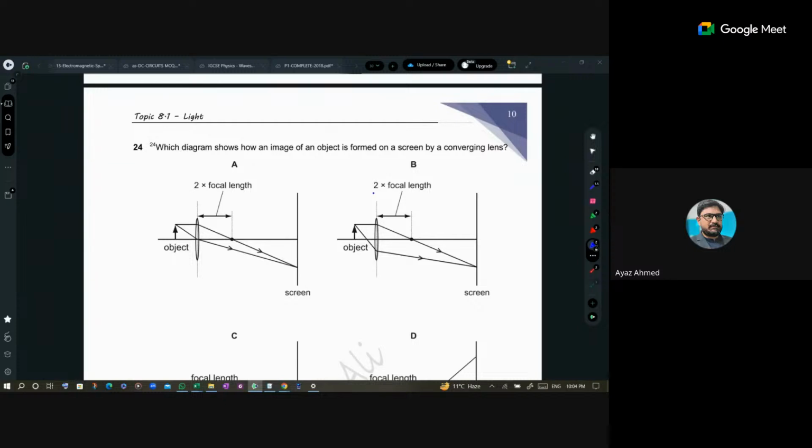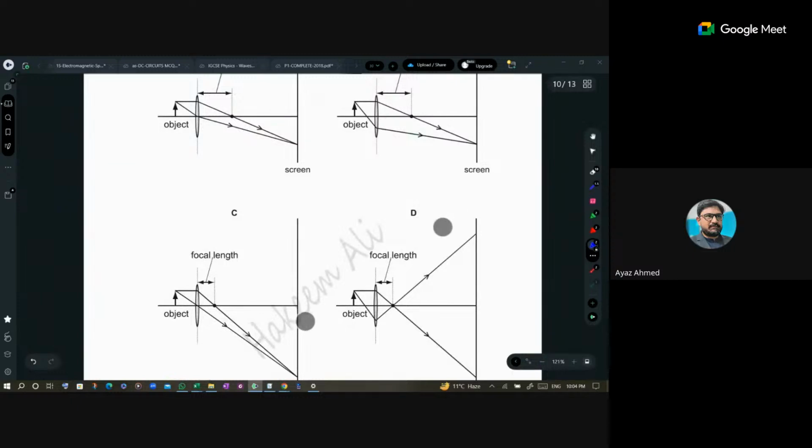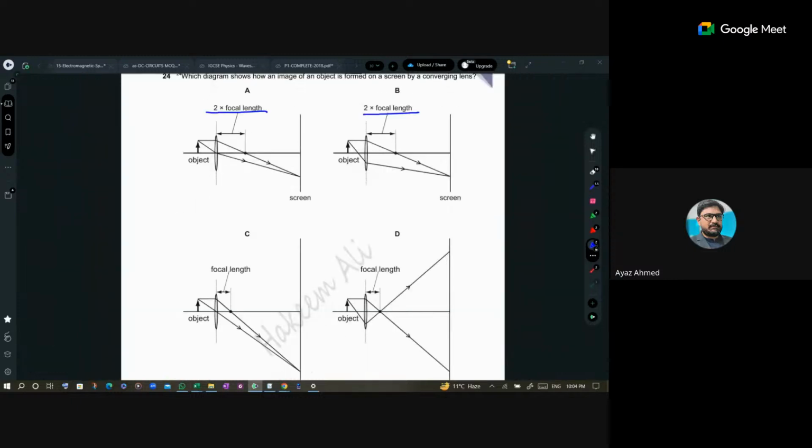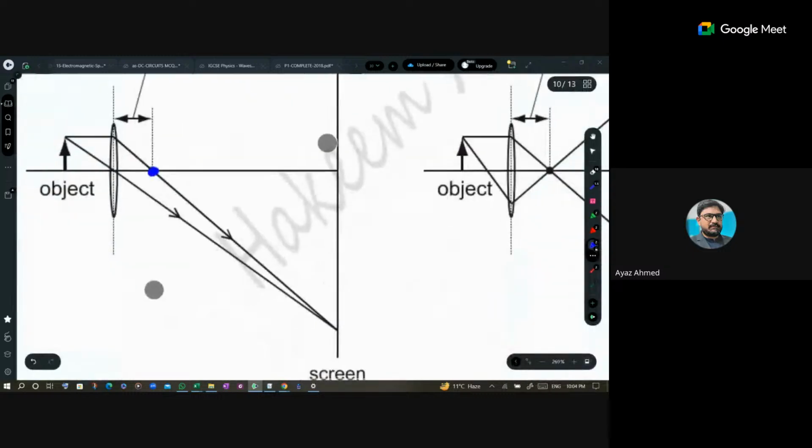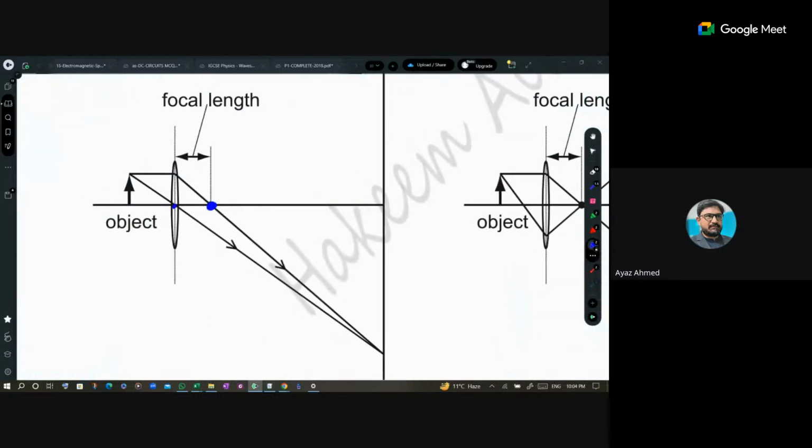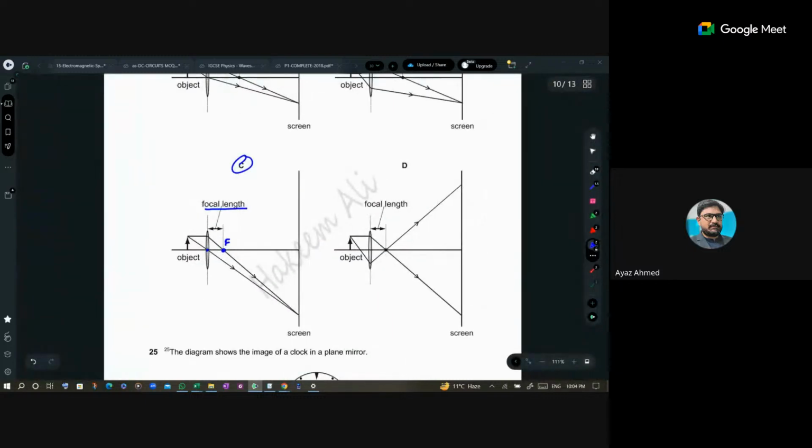This line will decide whether the light passes through 2f or passes through f. Light passes through f. So C is wrong. So this is right, because I have told you that you have to draw two lines, one passing straight, second passing through f, not through 2f. So that's why this is the correct option.